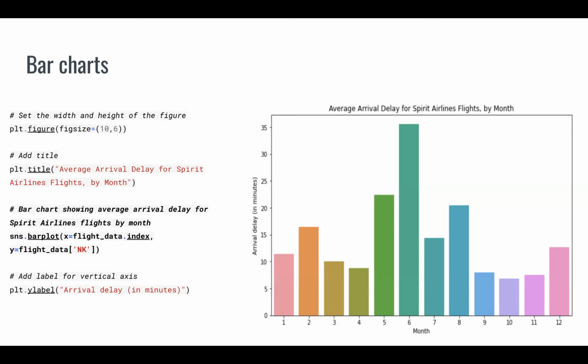So the commands for customizing the text and size of the figure are familiar with creating a line chart. So let's look at this code and break it down one by one on the next slide.